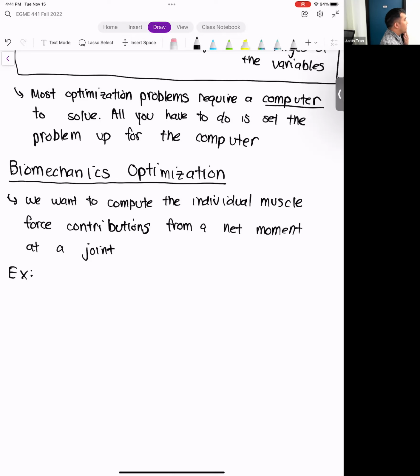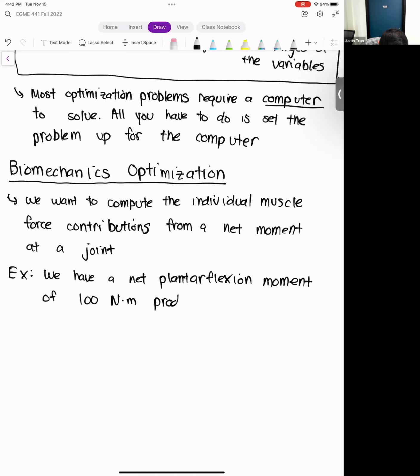We did inverse dynamics on that, and what we found from inverse dynamics is that there is a net moment of 100 Newton meters being produced at the ankle in plantar flexion. So that's the net moment that we're working with.